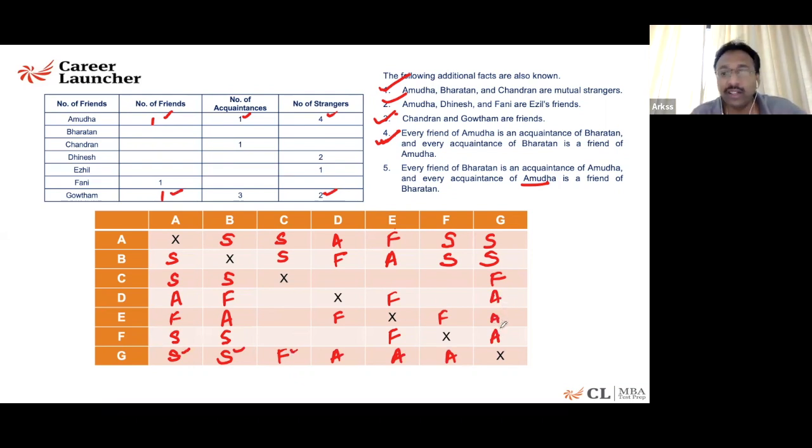Now let's look at Chandran. Chandran will not get an acquaintance here. Who else will come in here? Okay. We have E and C. What can E and C be?